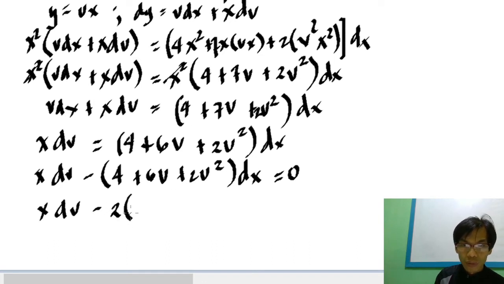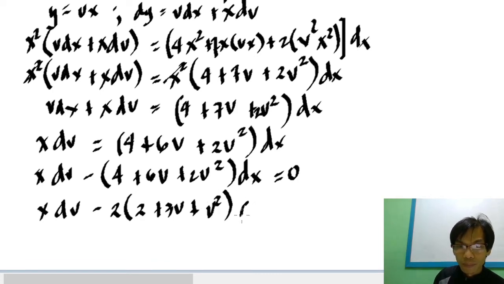So we have 2 times (2 plus 3v plus v squared) dx. Okay, now it can be separated.